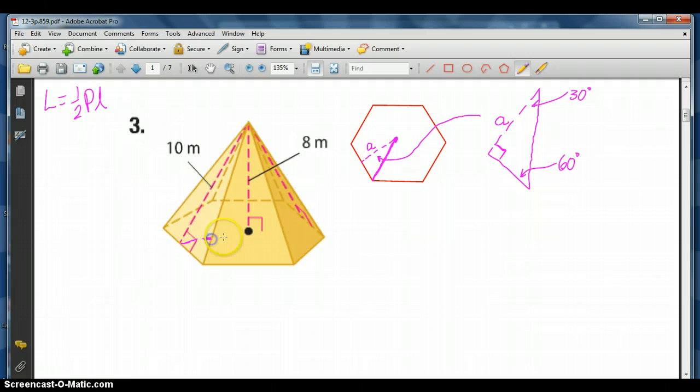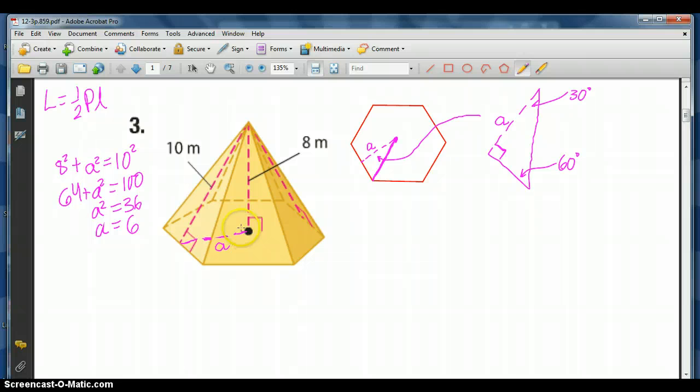The apothem would be this length here, from the center to the edge of the base. We can use the Pythagorean theorem to find that. So 8 squared plus a squared is equal to 10 squared. So a squared is equal to 36, and a is equal to 6.